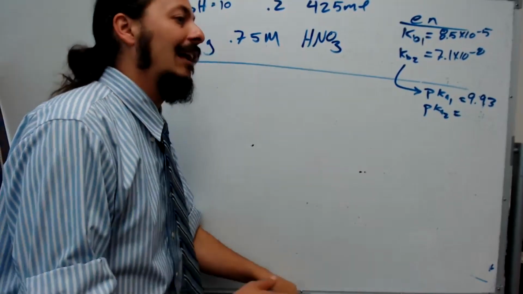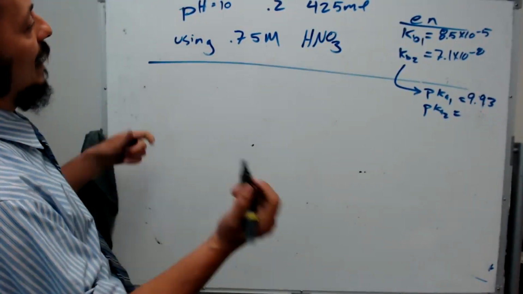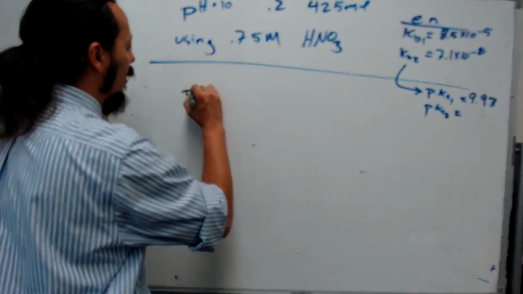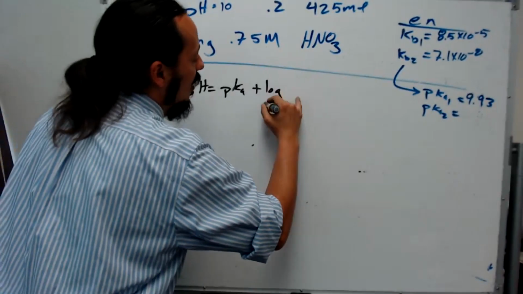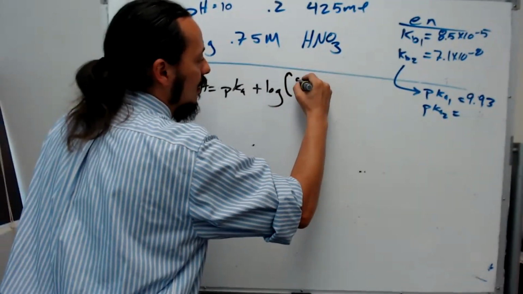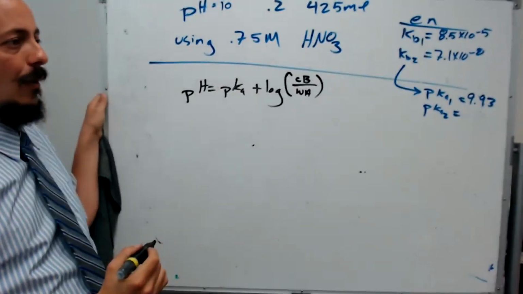Let's go through and actually do the math to show that, though. So we're making a buffer, so of course we're going to start with Henderson-Hasselbalch. pH equals pKa plus log conjugate base over weak acid, because I get to pick how it goes, right?